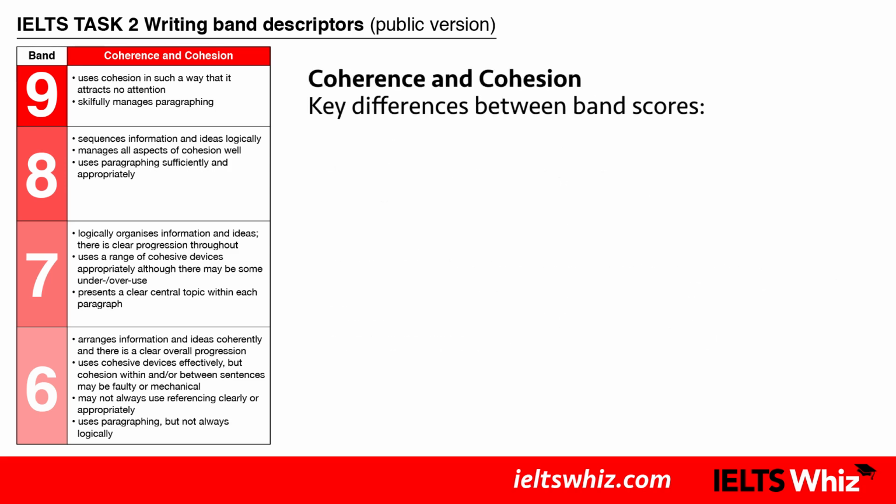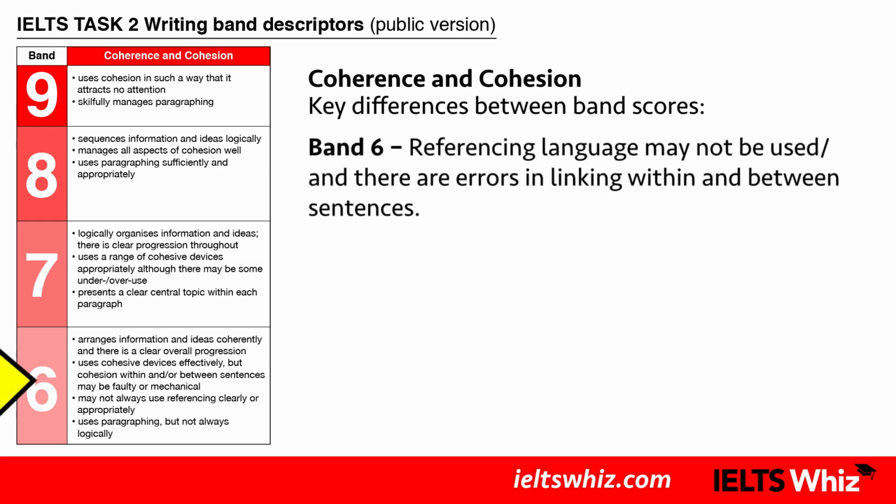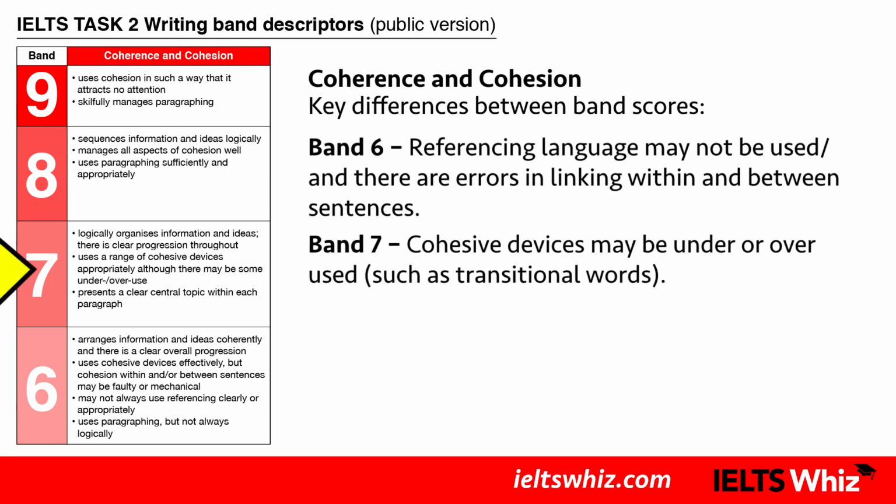The key differences between the band scores are: for Band 6, referencing language may not be used, and there are errors in linking within and between sentences. For Band 7, cohesive devices may be under or overused, such as transitional words.